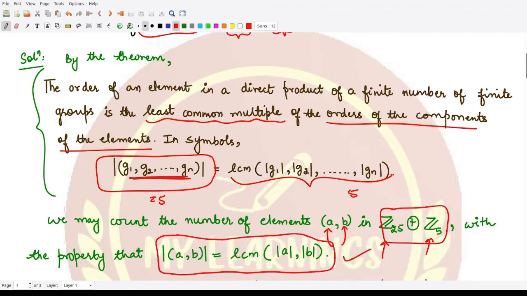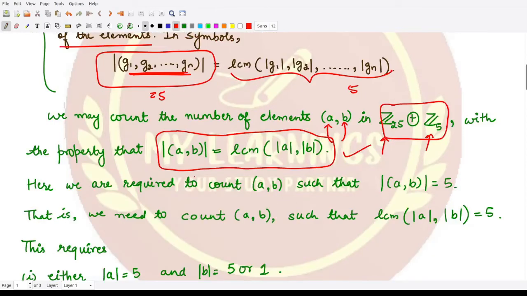In this case we are required to count all such (A, B) such that the order of this element (A, B) should be 5. So how many such (A, B) would be there? That is our task, so we'll make use of this property.